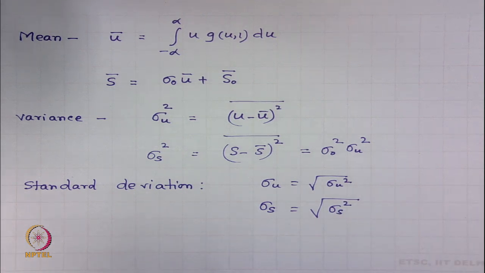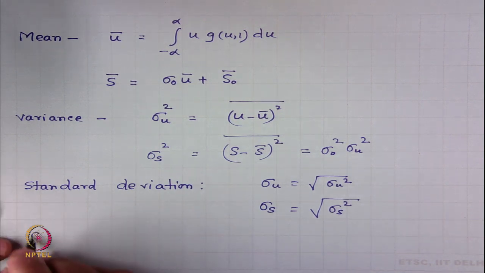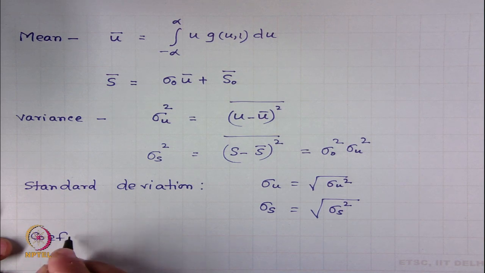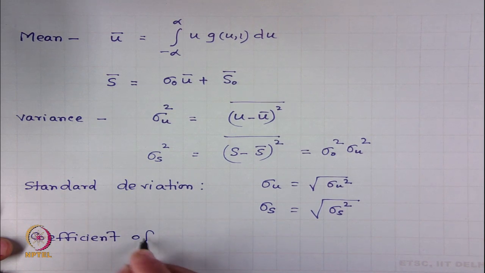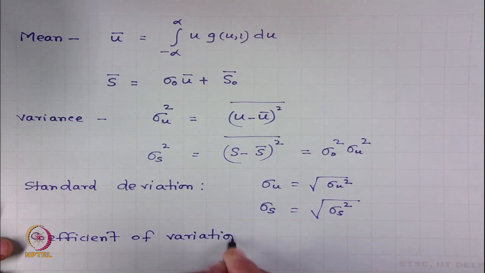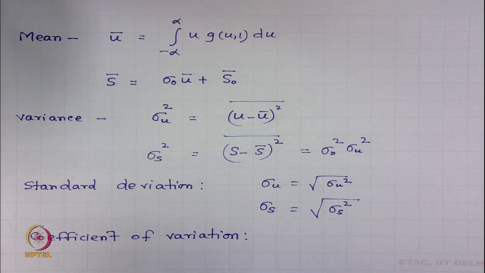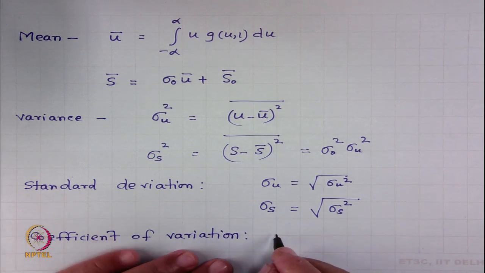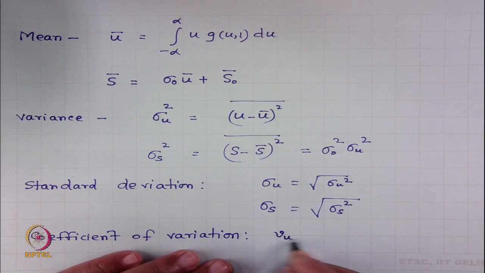Another useful term we often use is coefficient of variation. Coefficient of variation nu of u is standard deviation by mean.